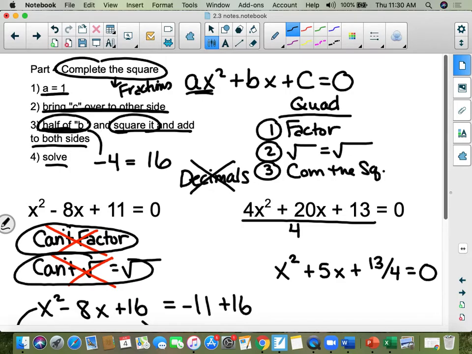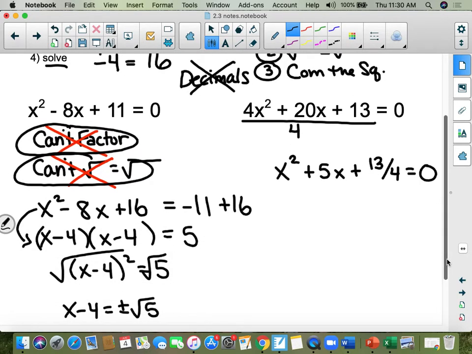Okay, why is this one more difficult? You'll see in a minute why this one's more difficult. I made my A value 1. Now I'm going to get rid of my C value by subtracting 13/4 from both sides. Okay, now comes the B value. I have to take half of 5. Half of 5 is 5 halves. I can only use fractions in completing the square.